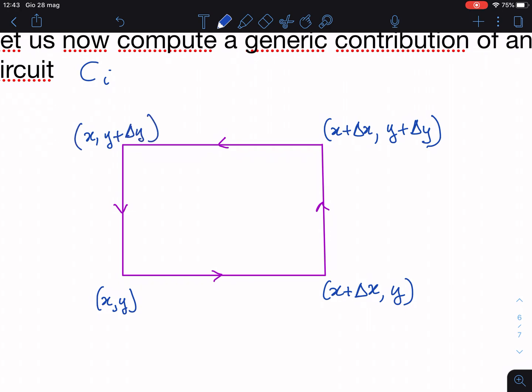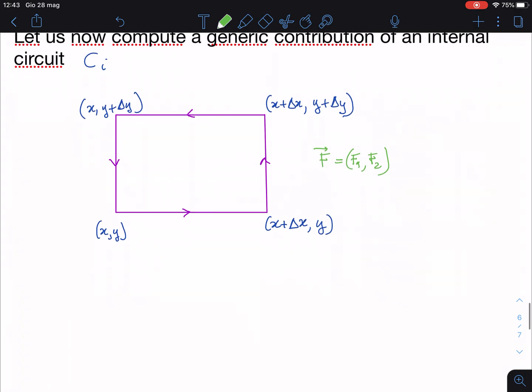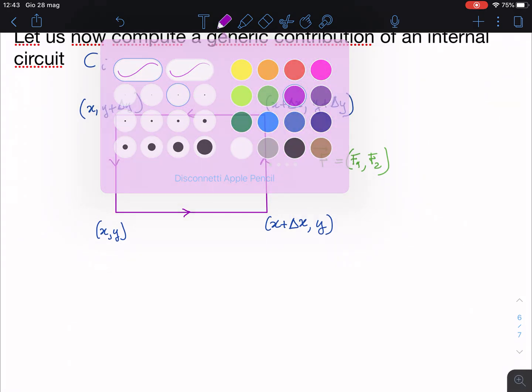And of course on all this circuit you have the field to be computed, which is F1, F2. Okay, and this is Ci.